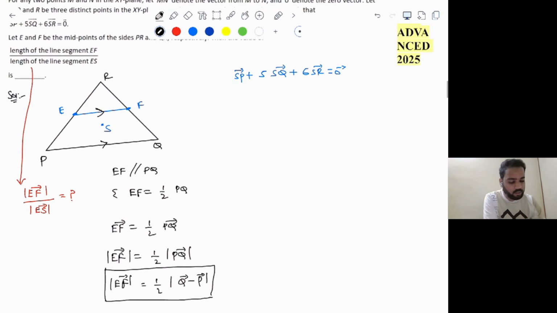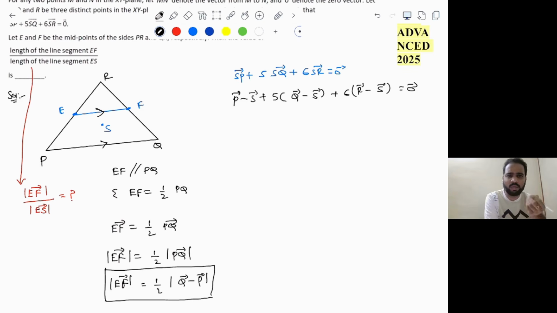Okay. And then now next thing is we have to simplify the given equation that SP bar plus 5 times SQ bar plus 6 times SR bar is equal to 0 bar. Let's try to expand that and see what happens here. So SP bar is nothing but P bar minus S bar, plus 5 into SQ bar, which is nothing but Q bar minus S bar, and plus 6 into R bar minus S bar is equal to 0 bar.